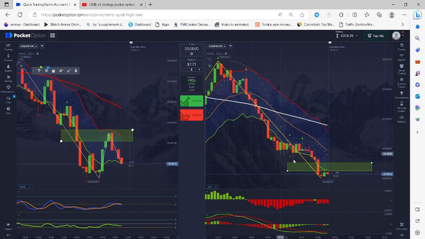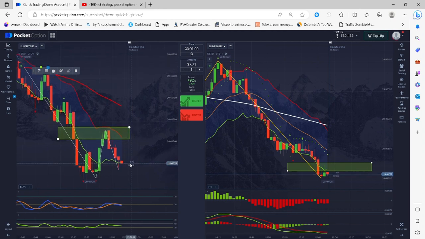It's already tapped into the fair value gap, and the sell I will enter if the market closes outside the Keltner channel. Okay, it's still inside the Keltner. I will enter it when it closes outside the Keltner channel, because it is selling.